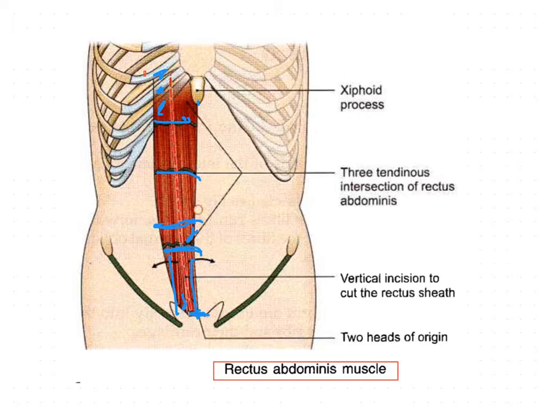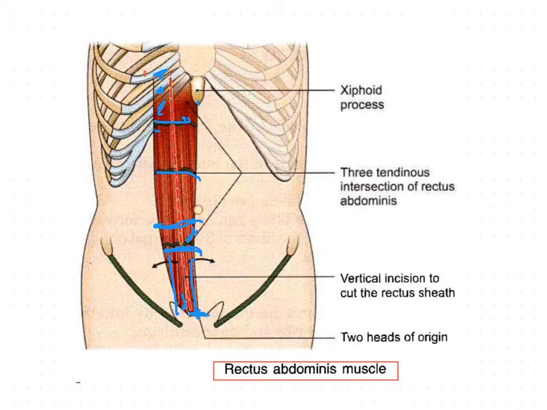To improve the action of this muscle, the long fibers are cut into short ones for improving the strength of contraction. So this is about the rectus abdominis muscle intersections.